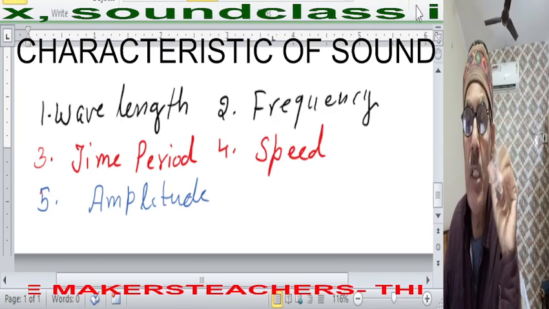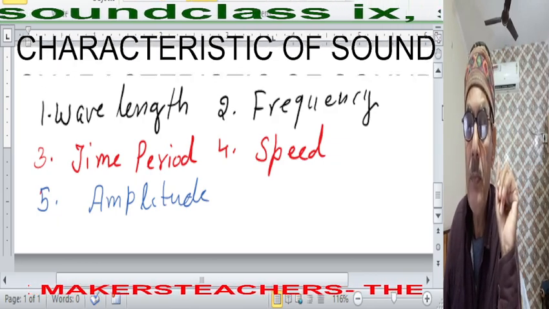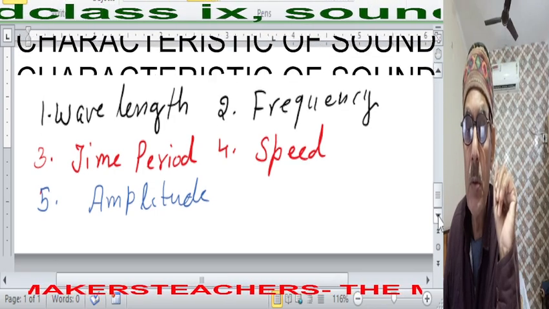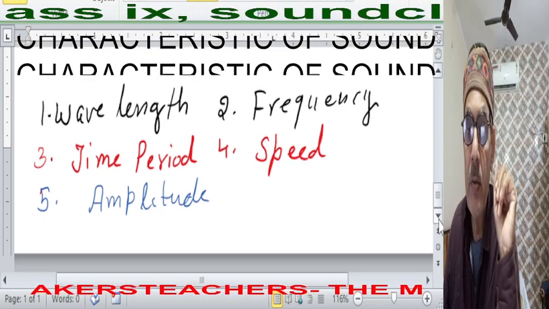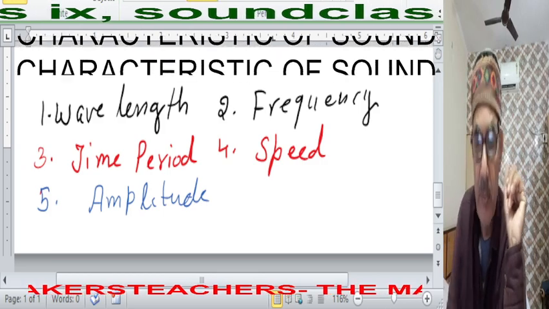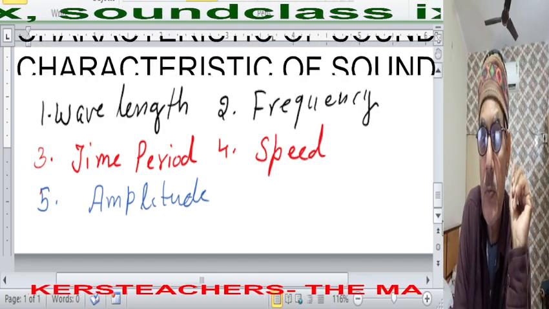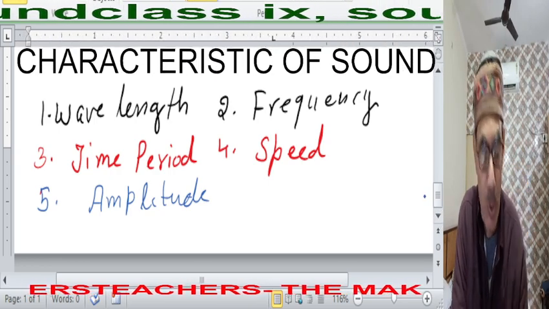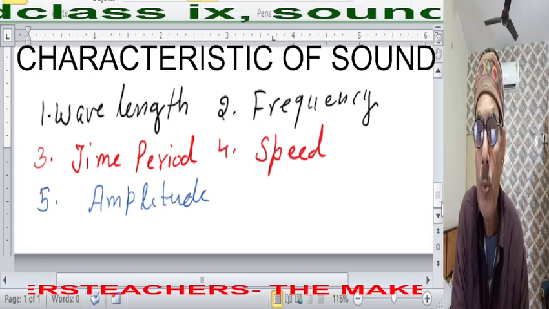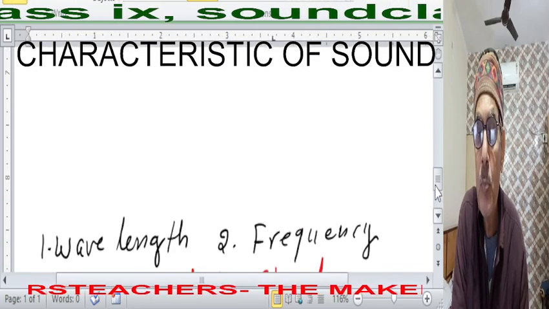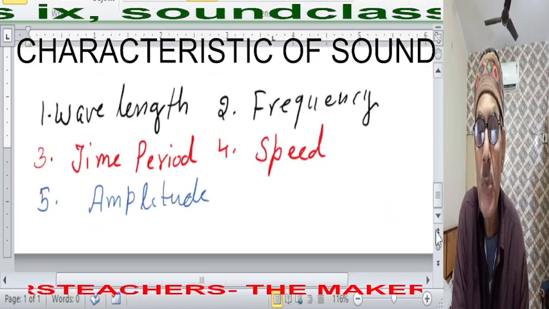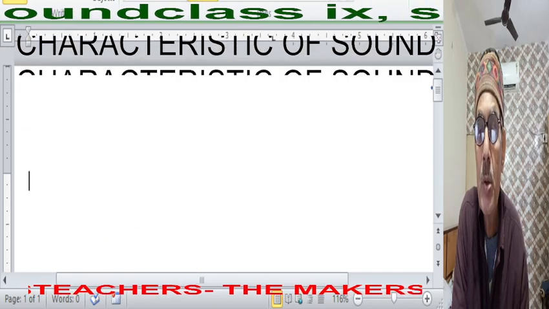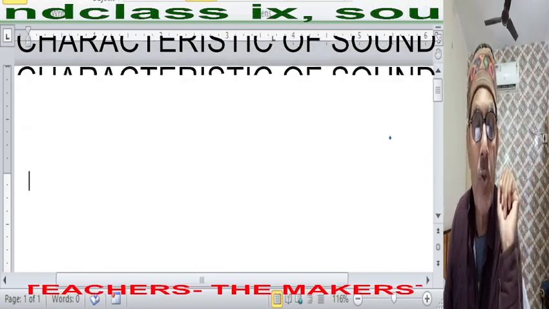So first we will talk about wavelength. पहले wavelength पे बात करेंगे हम. Okay, so what is wavelength?